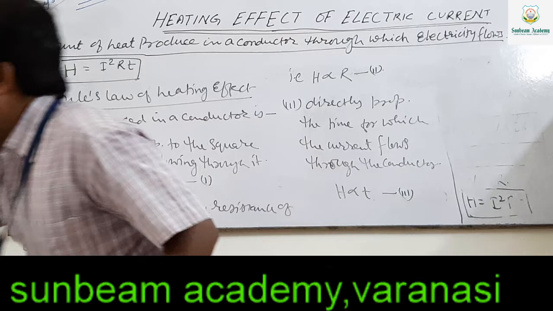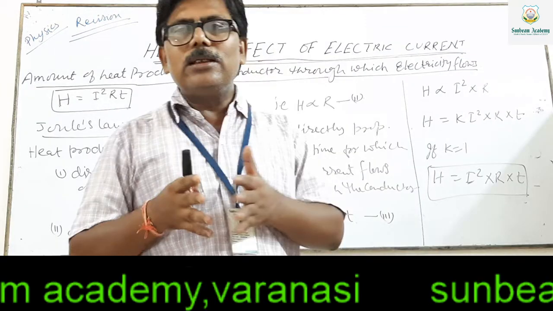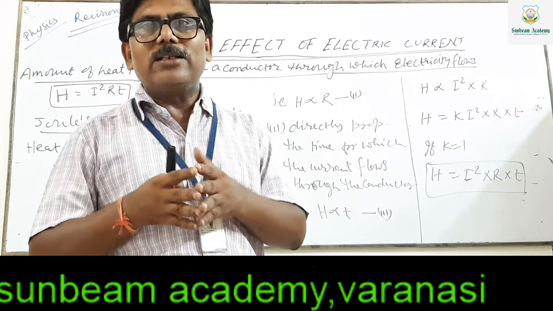Nichrome has very high resistance and produces a large amount of heat. Now the filament of the bulb is made up of tungsten. This tungsten filament also has a high resistance and does not get oxidized at high temperature.